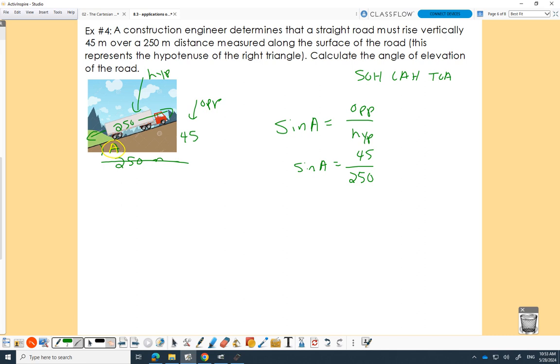Do we need to do it in reverse? Yes. You don't do sine of A. Someone did sine of A and got this answer. We need to undo that. And so to undo that to get the angle, we're doing sine inverse of 45 over 250.